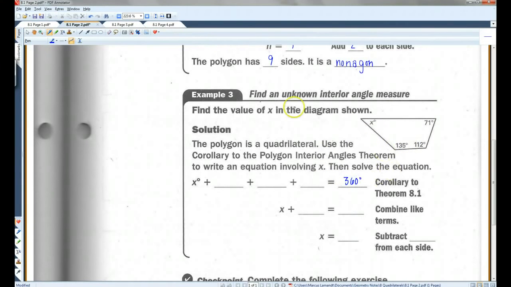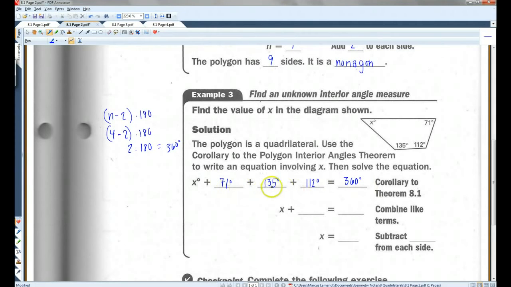Now, if you were to plug in n minus 2 times 180, if n is 4, 2 times 180 is 360, you would get the same thing. This is just kind of a shortcut. If you just remember any quadrilateral adds up to 360, you're good. So if I add up all 4 of these angles, I'm going to get 360. So x degrees plus 71 degrees plus 135 degrees plus 112 degrees equals 360.